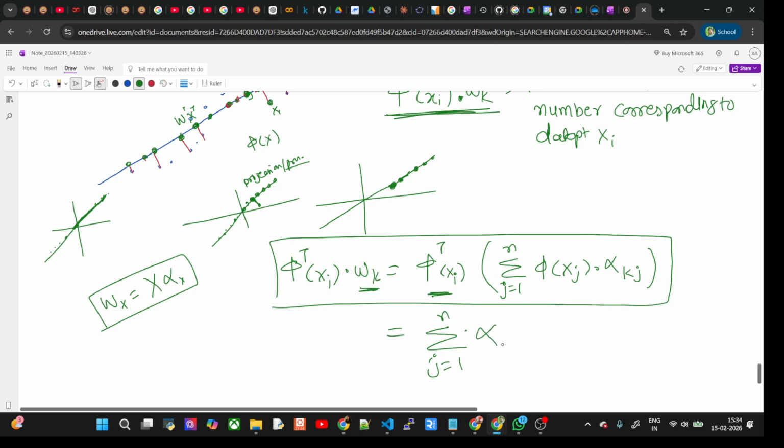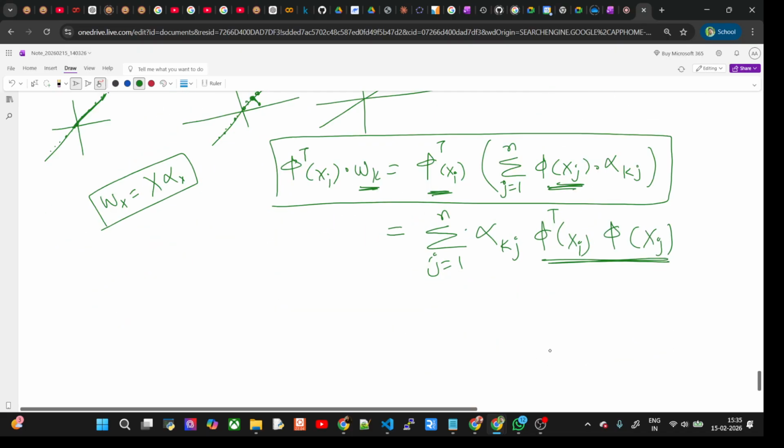So alpha kj as it is, and phi of xi transpose, phi of xj. What is this phi of xi transpose phi of xj? Now you know that this is the kernel, k of i, j.